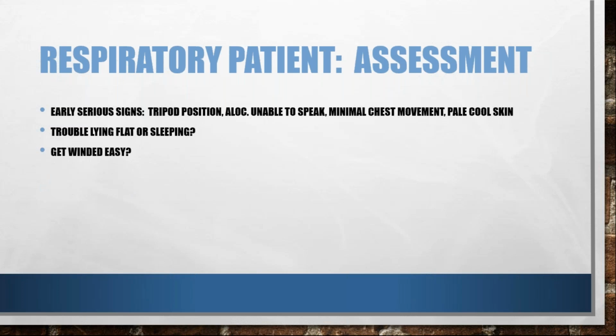So ask them, what were they doing on the onset of symptoms, or what makes it better or worse. So if they get winded easy, or if the onset was due to exercise or activity related, then we know that they have a small store of oxygen that's actually built up inside their system.